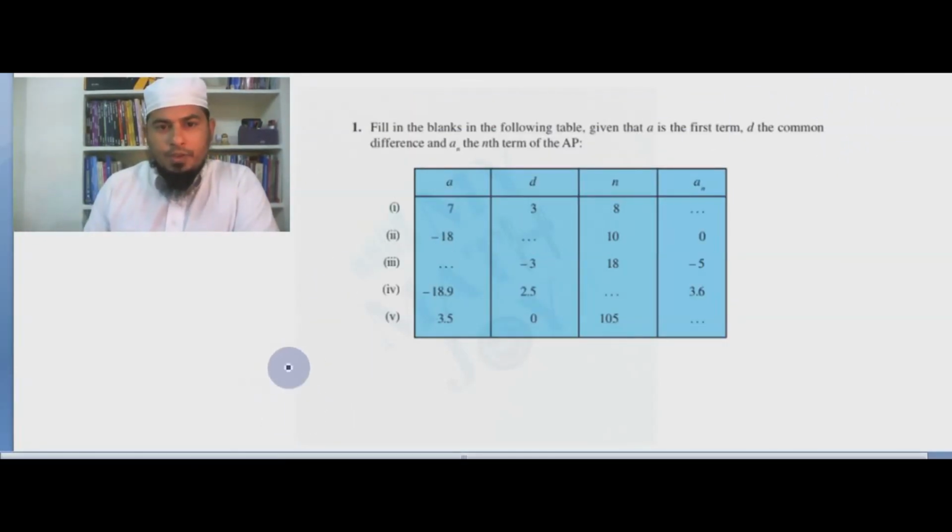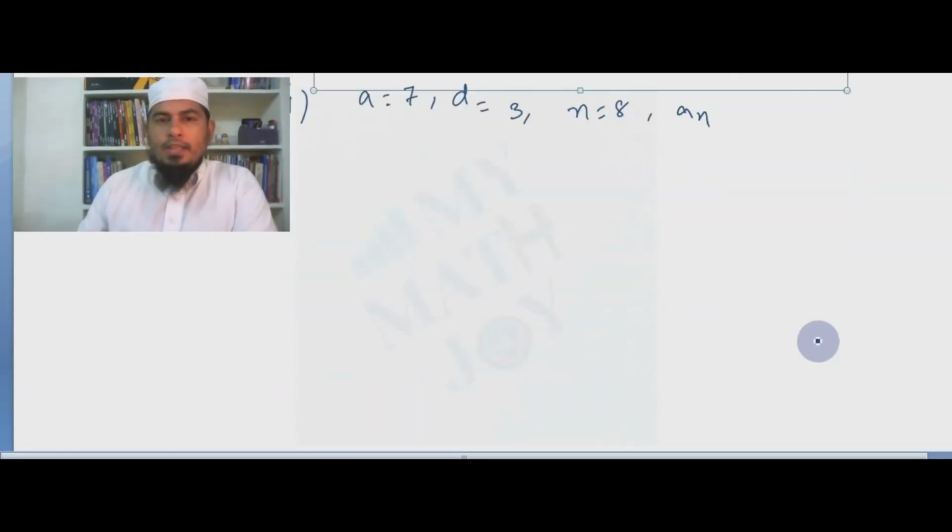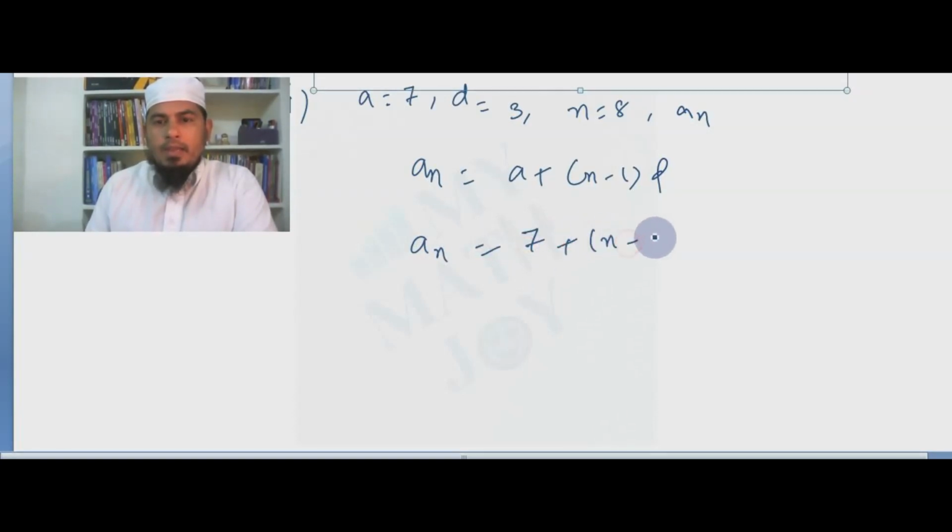So I'll take question number 1 here. A is 7, D is 3, and N is 8, AN we don't know. When this much information is given, the formula tells AN is equal to A plus N minus 1 into D. We want to find AN. A is 7, N is exactly 8, so 8 minus 1, and D is 3.